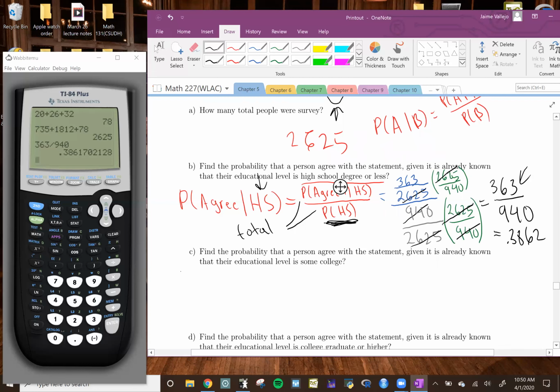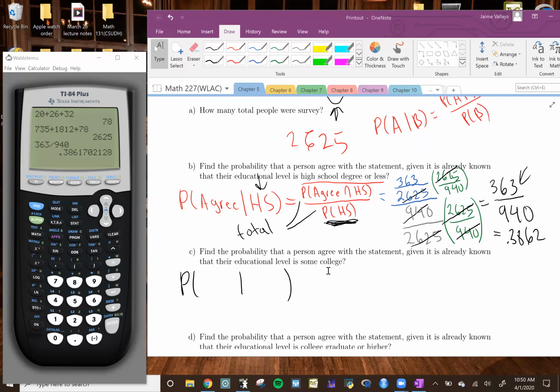So for this one, what's my given? Not that they agree. Because if you look right here, it says given it is already known that their education level is some college.